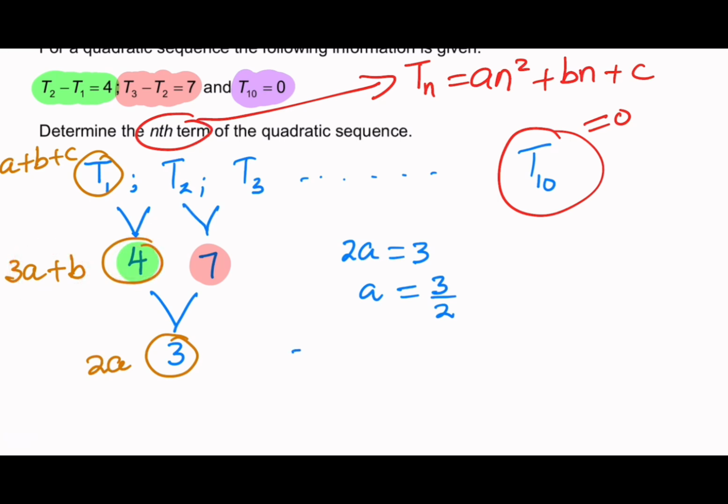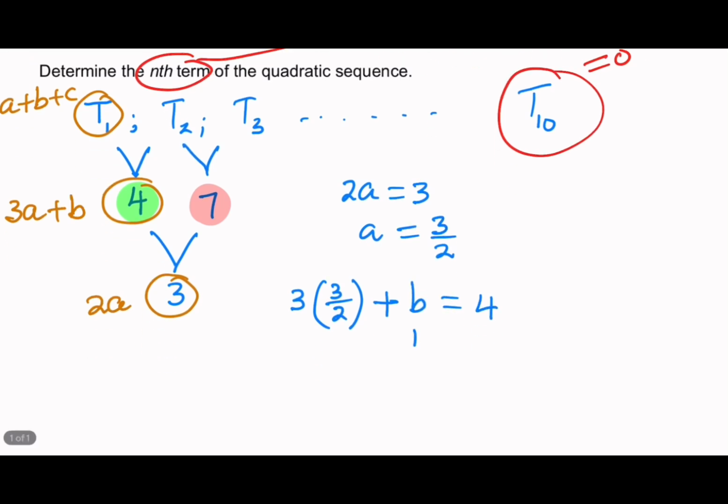Instead of a, we replace with 3 over 2 because we now know what a is. And this means b is equal to 4 minus 9 over 2, and b is, in the end, negative half.